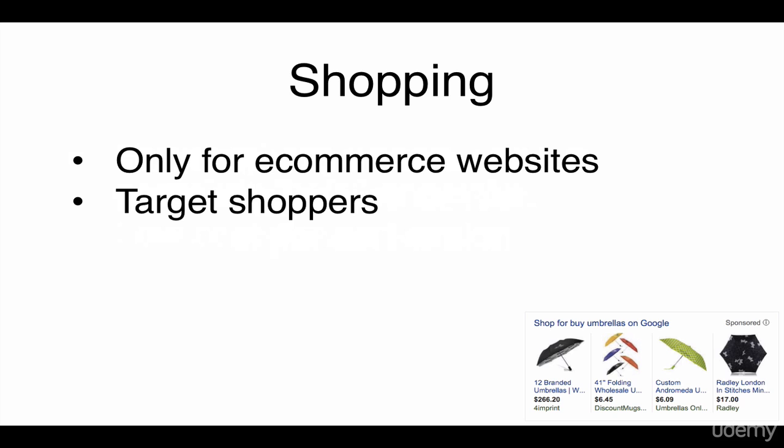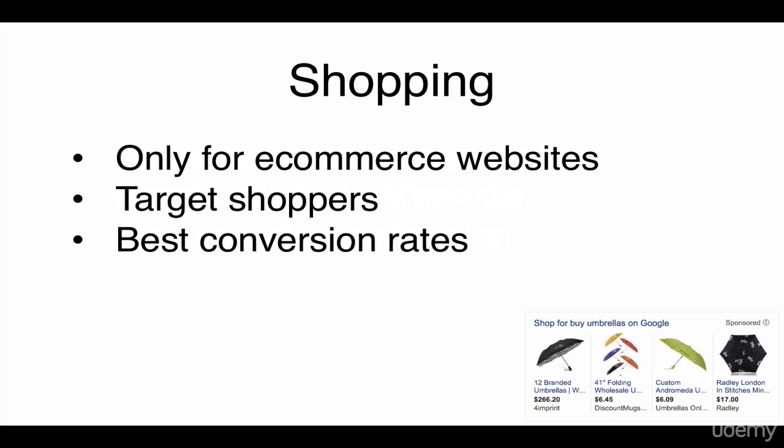So people who click on these ads are often much more qualified to actually become a buyer, and you'll send them directly to the specific product page of the ad on which they clicked. And often you'll get your best conversion rates from a Google Shopping campaign, even better than a search network campaign, because the intent of the people clicking on these ads is much more focused towards purchasing than the other campaign types.